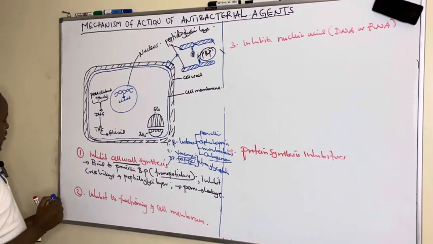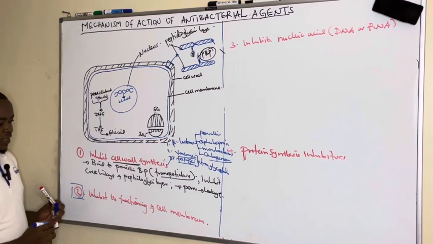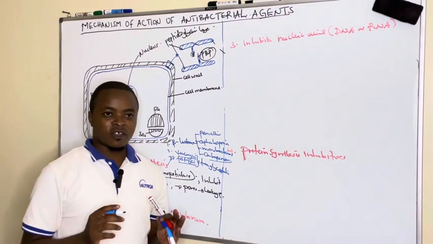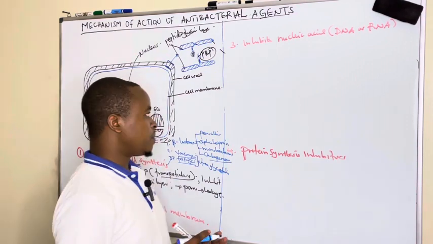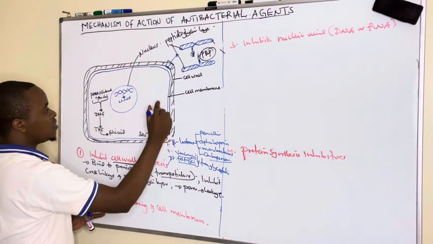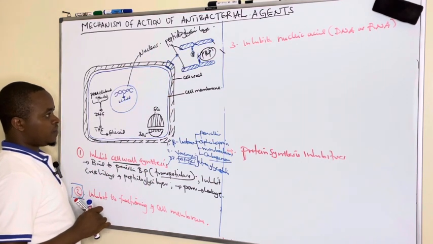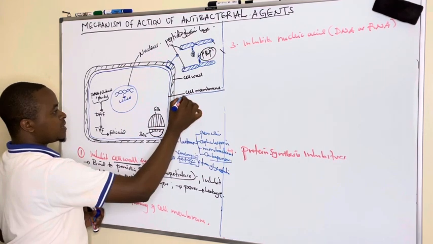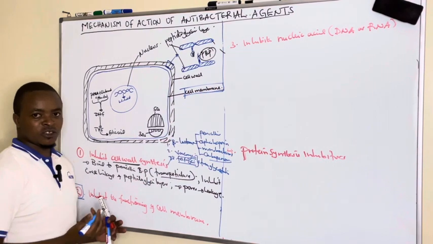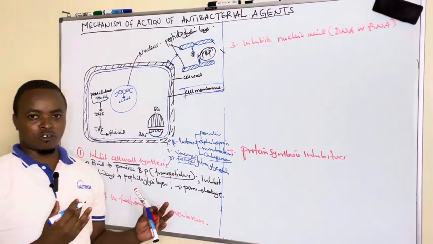The mechanism number two we can discuss in this session is inhibitors of the functioning of the cell membrane. Apart from having the cell wall, bacteria also have a cell membrane in their structure, and this cell membrane enables transportation of materials in and out of the cell.